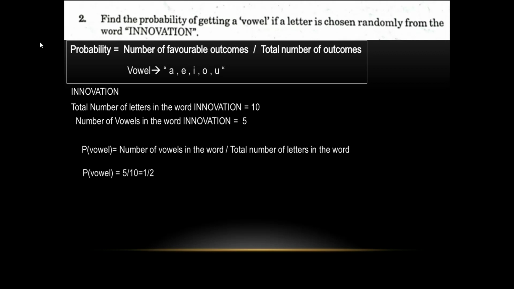So probability of vowel is equal to 5 divided by 10, that is 1 by 2. Therefore, the probability of getting a vowel from the word innovation is 1 by 2.